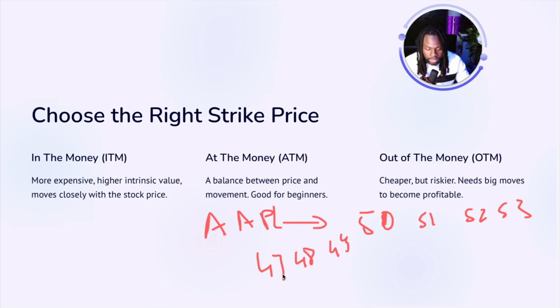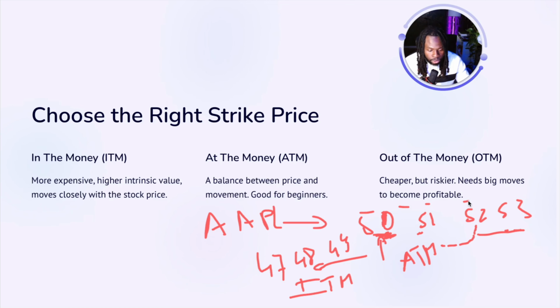Every contract below the current price will be in the money. And if you have 50 or 51, near the current price, this will be at the money because it's really close to where the stock price is. I would say even this one can be considered at the money as well.